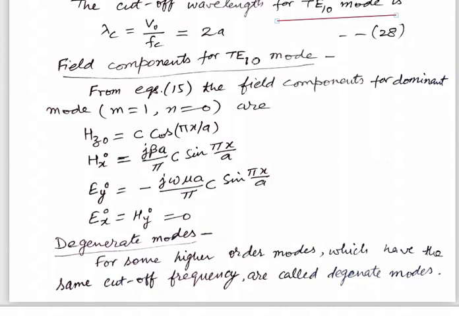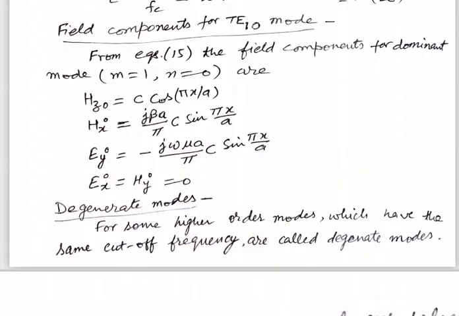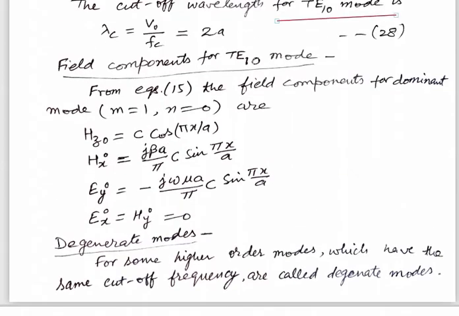Now we discuss the degenerate modes. Degenerate modes means when higher modes have the same cutoff frequencies. In waveguides, for higher order modes, it may be possible that the cutoff frequency values are the same.